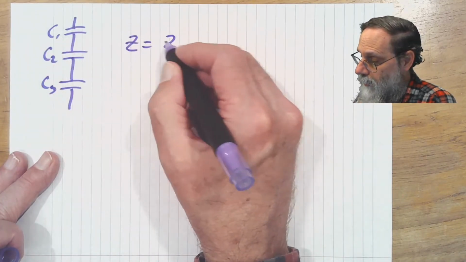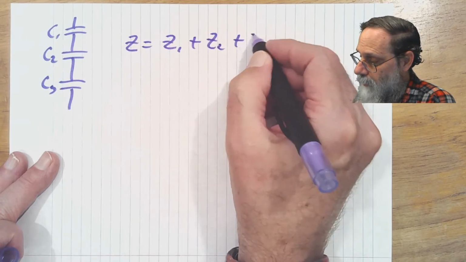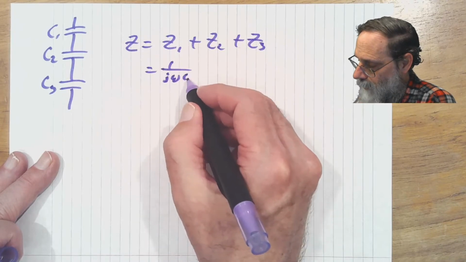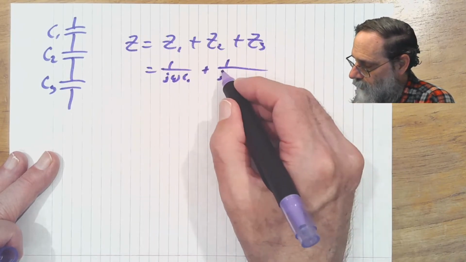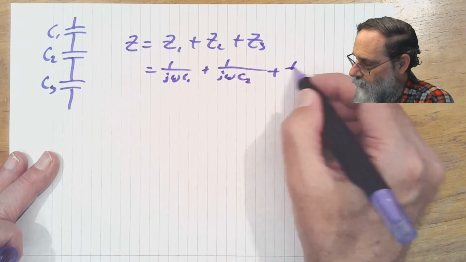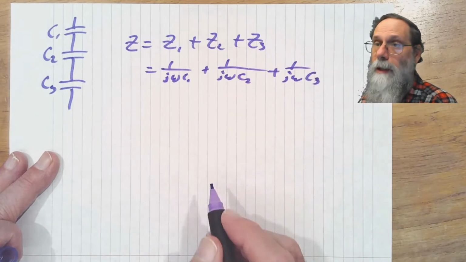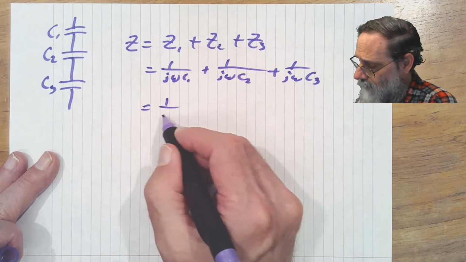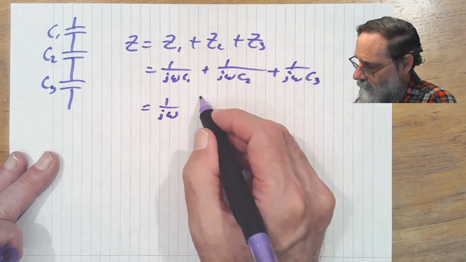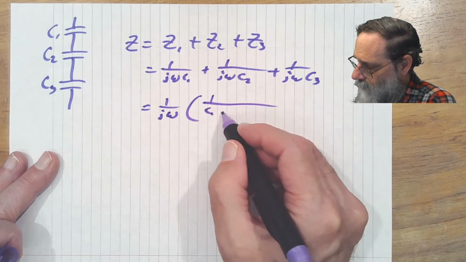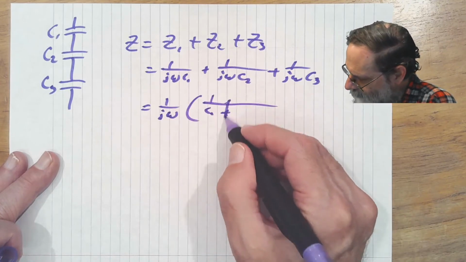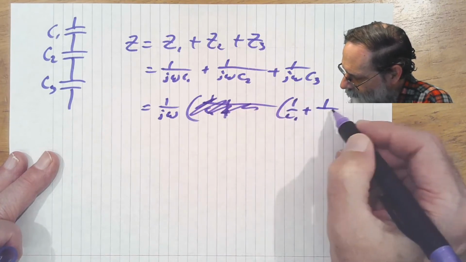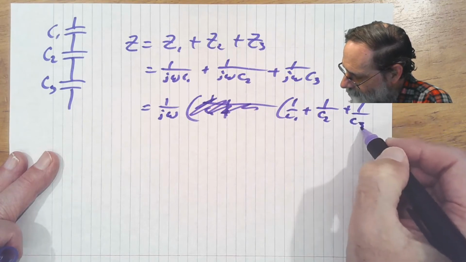Z equals Z1 plus Z2 plus Z3, which is 1 over j omega C1 plus 1 over j omega C2 plus 1 over j omega C3. And again, we've got that 1 over j omega in all those terms, so we can take that out front: 1 over j omega times (1 over C1 plus 1 over C2 plus 1 over C3).